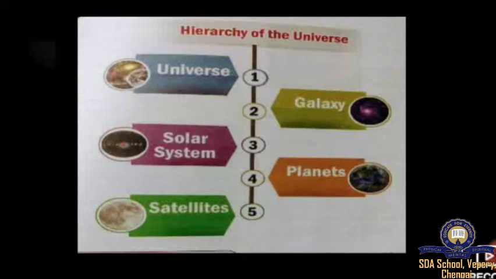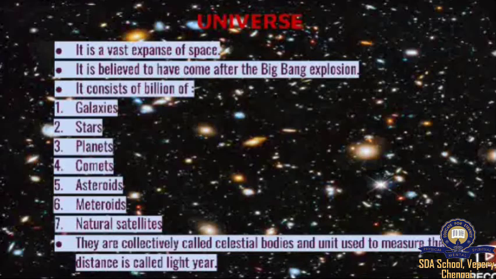First of all is the hierarchy of the universe. First comes the universe, then the galaxy, then the solar system, planets, and finally the satellites. What is a universe? Universe is nothing but a vast expanse of space. It is believed to have come after the Big Bang explosion.